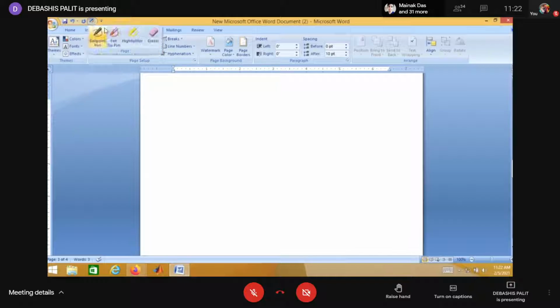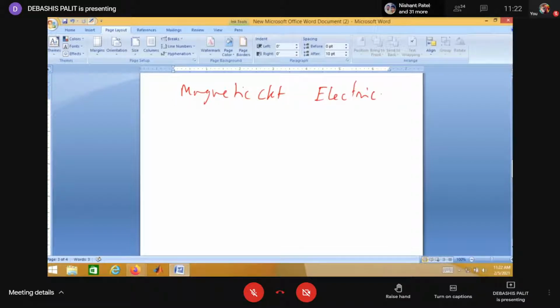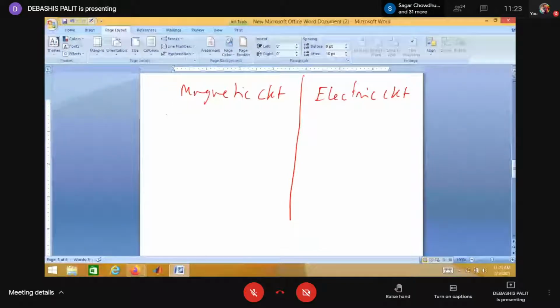Anyhow, some dissimilarities are there. First of all, flux doesn't actually flow. You can experience a magnetic field by the magnetic needle test.